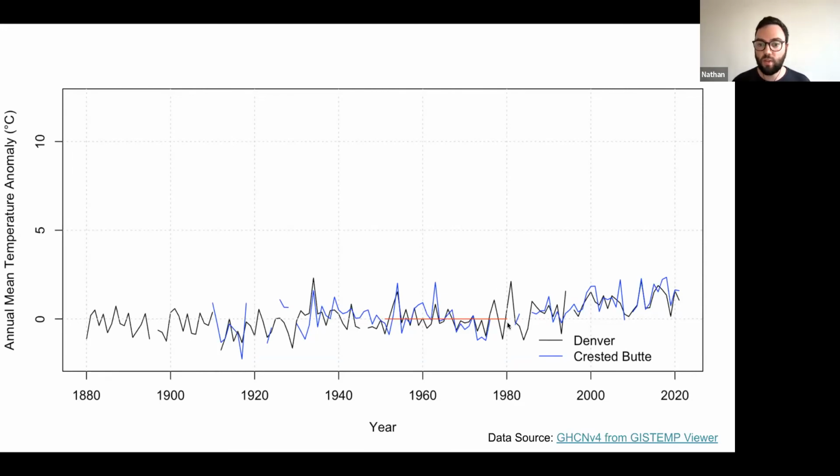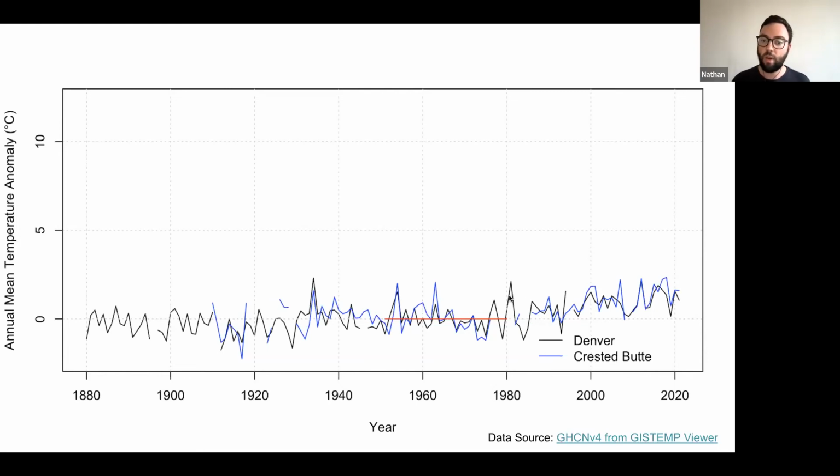And we see that these two stations really have a lot of the same variability, meaning when the temperature anomaly in Denver is positive or is higher, the temperature anomaly in Crested Butte also tends to be high, and vice versa. And so now this is really useful because we can use the information in Denver to help us estimate what the temperatures in Crested Butte are when we don't have data.